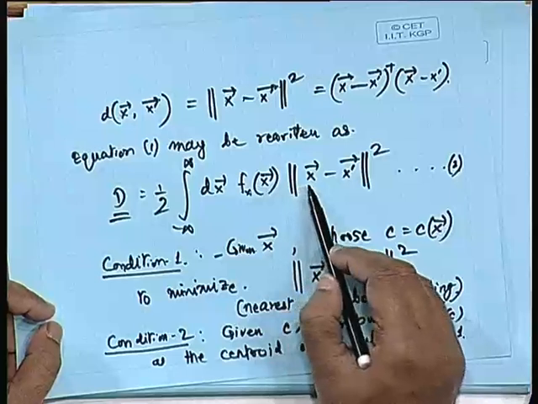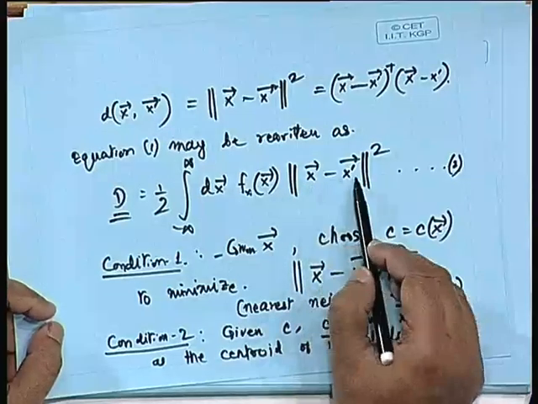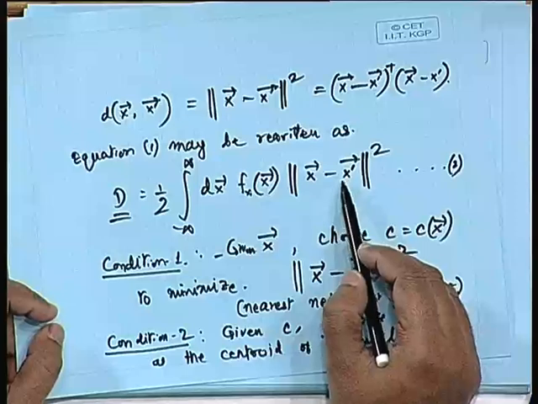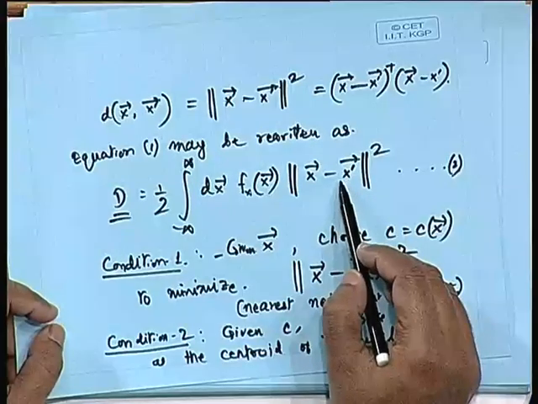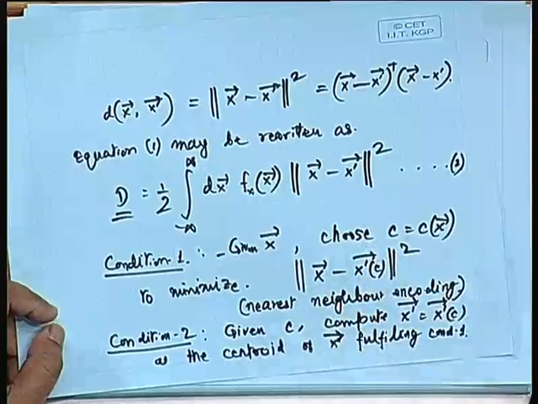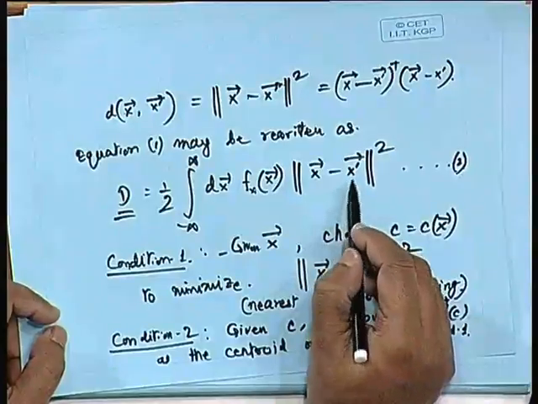Actually, it was x prime of Cx. Now, instead of writing it as x prime of Cx, we are going to write it as x prime of Cx plus nu, the noise term.